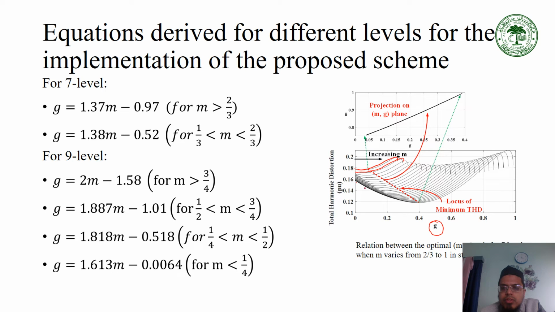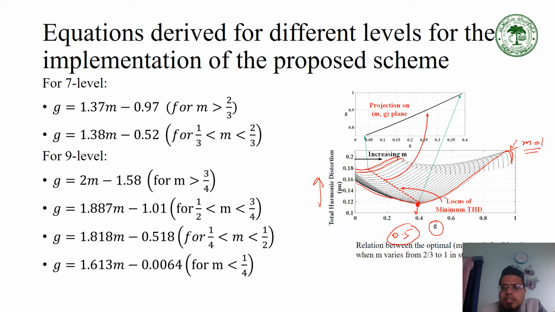These waveforms are for increasing values of the modulation index M. This is for the highest value, I think M equals 1. You can see here that for modulation index 1, the minimum value of THD, with THD on the y-axis, is obtained at a value of somewhat 0.4 and not 0.5.